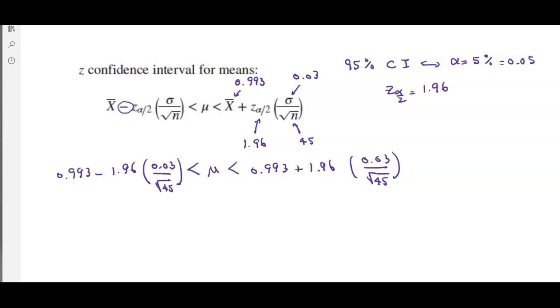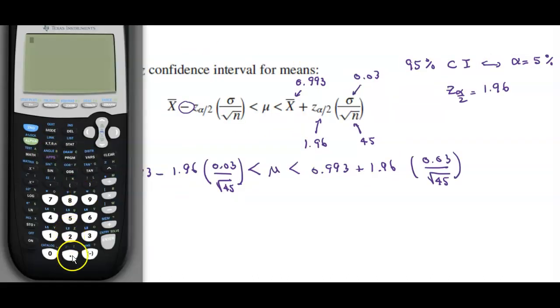So just leave it to the calculator. The one on the right is going to be 0.993 plus 1.96 times, open the parentheses, 0.03 divided by square root 45.